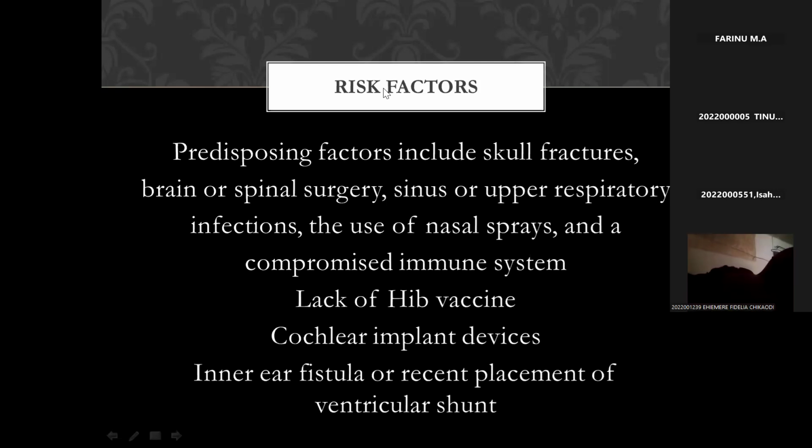So, let's take notes. Then cochlear implant devices. Then inner ear fistula or recent placement of a ventricular shunt. So you notice that all these things I mentioned, apart from the vaccine, are more like invasive procedures that can expose the meninges to infection.